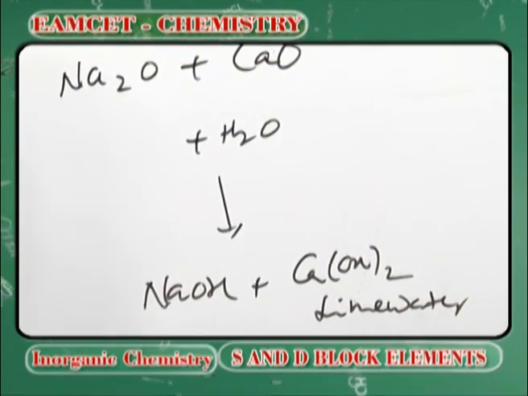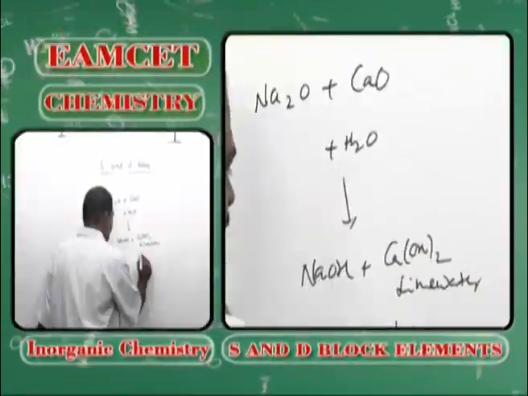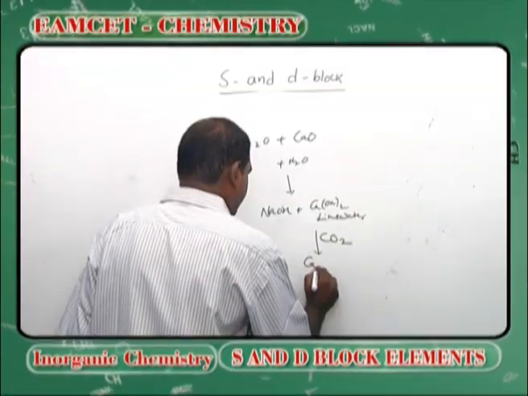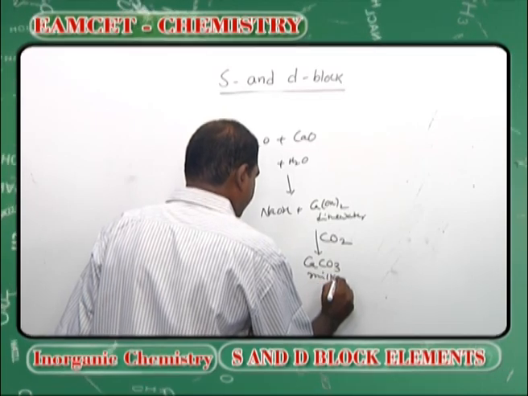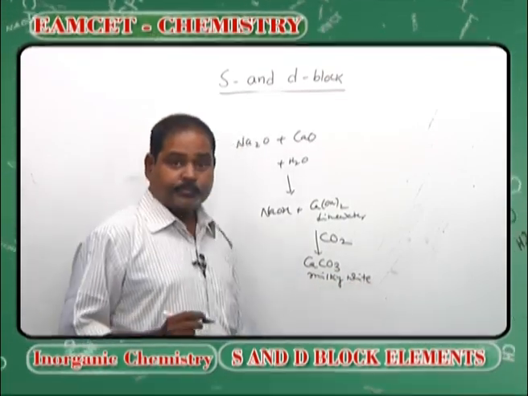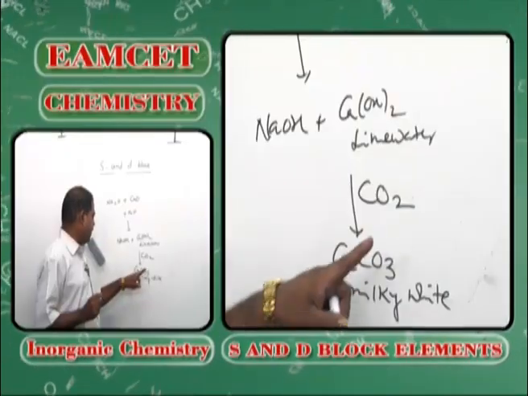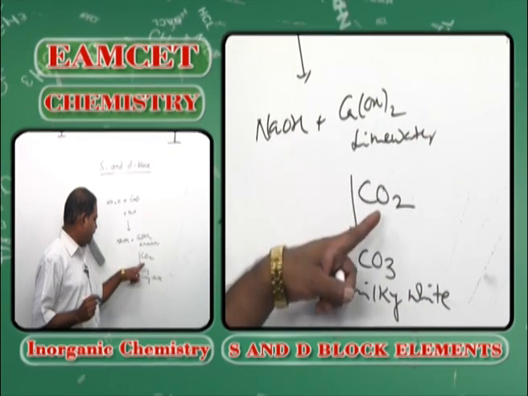And now, what are they doing? Excess carbon dioxide. When you add carbon dioxide, what happens? You get CaCO3, milky white precipitate. So, lime water turned milky by carbon dioxide, all of us know this.